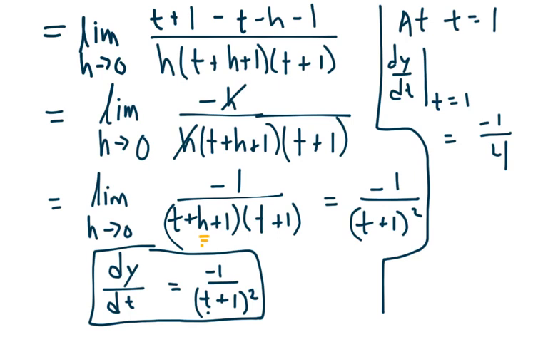Okay, and you know, we can graph that. If we were to graph that really quick here, the function 1 over t plus 1 looks like 1 over t, or 1 over x, but it's been shifted to the left by 1 unit. So it's got its vertical asymptote at minus 1.